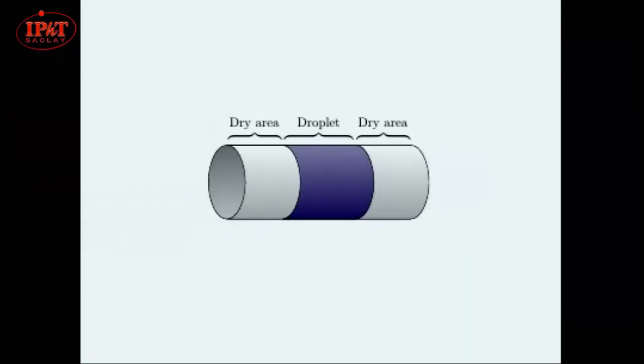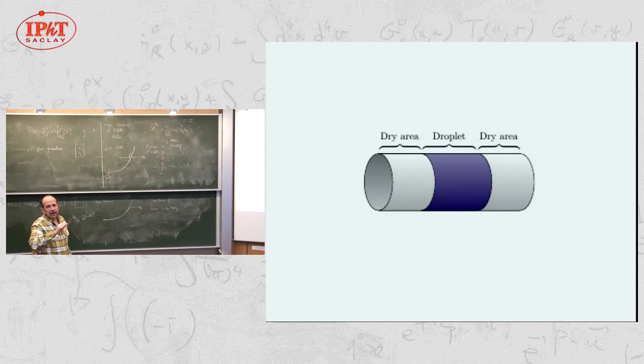So that's a cylinder in which you decide that along the cylinder you will add some shallow confining potential so that the particles prefer to stay in this blue area, and then there are some areas where nobody likes to live. If you are using this geometry, you can have edge excitations right at the boundary of the droplet, which is in the middle of the system.